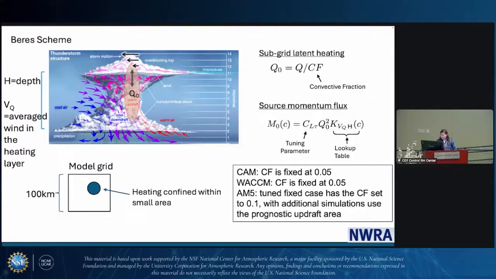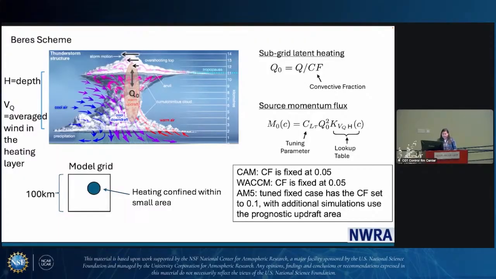In the CAM model, the convective fraction is set to 0.05, and in the other model, it's also 0.05. In the AM5 model, the tuned fixed case has the convective fraction set to 0.1, and we also have additional simulations that use the prognostic updraft area.